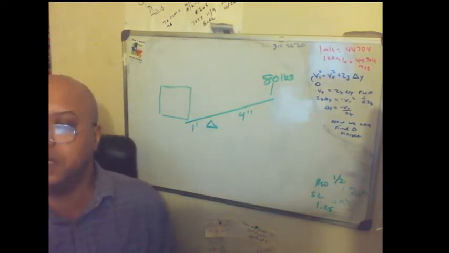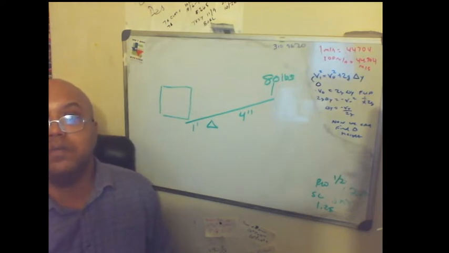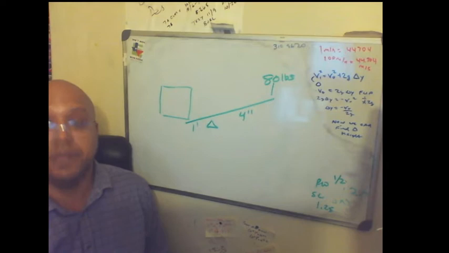All right, so let's type in the question, shall we? A pry bar is used to move a concrete block. A force of 80 pounds is applied.